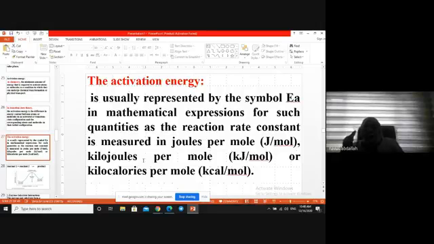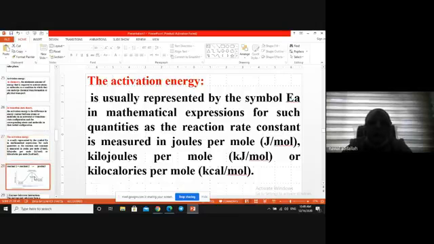There are three expressions for the determination of activation energy: joules per mole, kilojoules per mole, or kilocalories per mole.